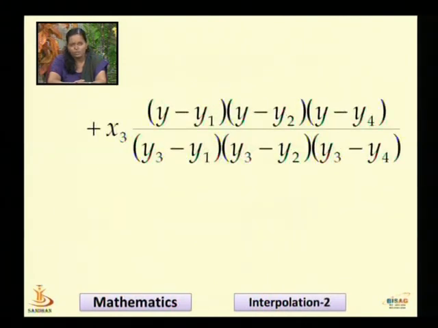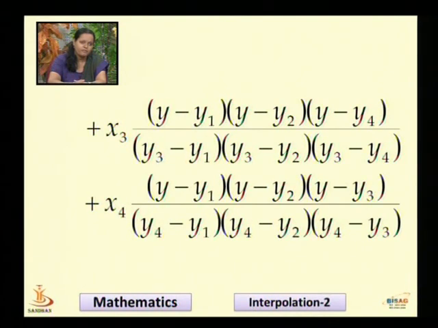The corresponding third term is x3 into (y minus y1)(y minus y2)(y minus y4) divided by (y3 minus y1)(y3 minus y2)(y3 minus y4), and the fourth term is x4 into (y minus y1)(y minus y2)(y minus y3) divided by (y4 minus y1)(y4 minus y2)(y4 minus y3).